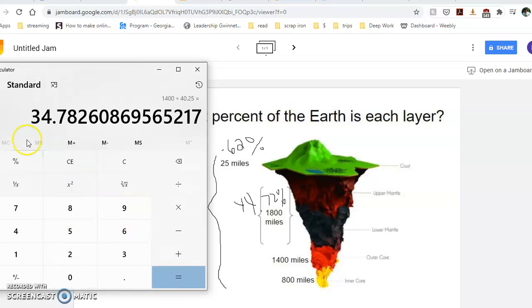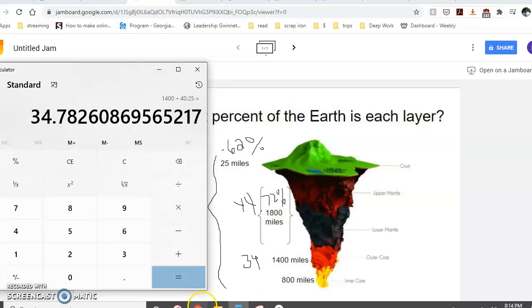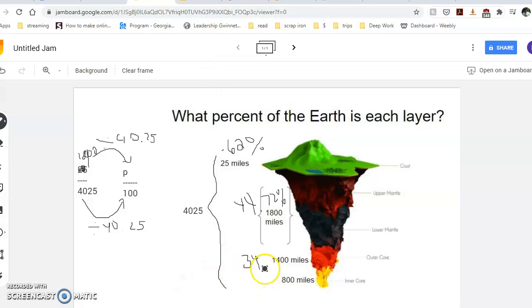So it's almost 35% of the Earth. 34 and 78. I'm just rounding. If you rounded more or less, that's okay.